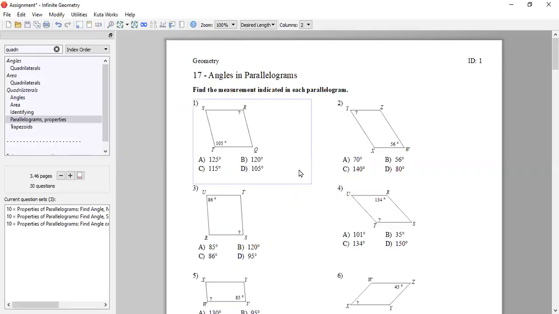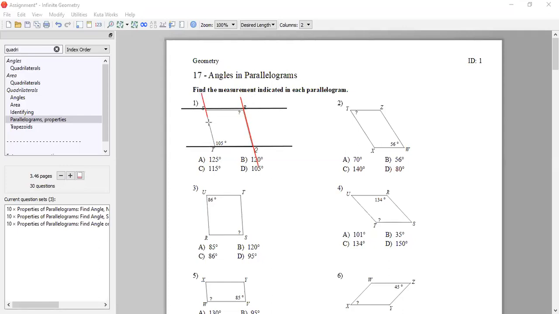Okay. So the angles in the parallelograms are no different than the angles with two parallel lines and a transversal. On this worksheet, just imagine all of the lessons that you've just done. Here's a parallel line, here's a parallel line, and then you have the transversal.